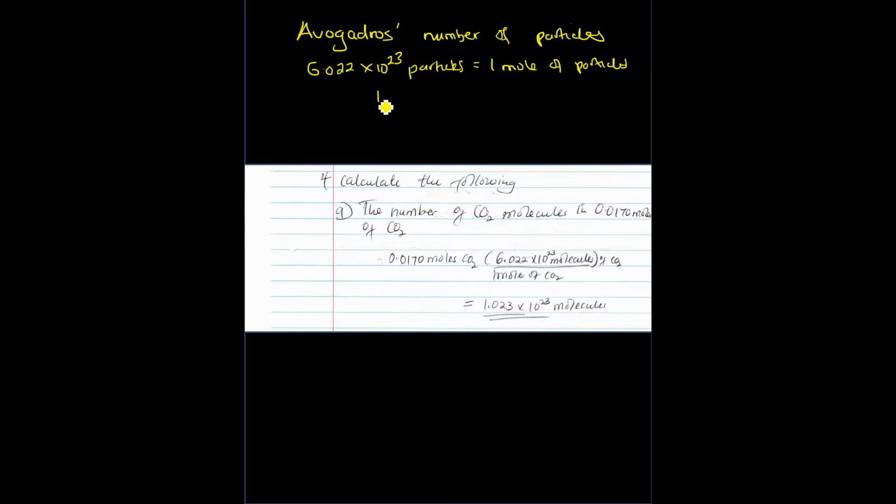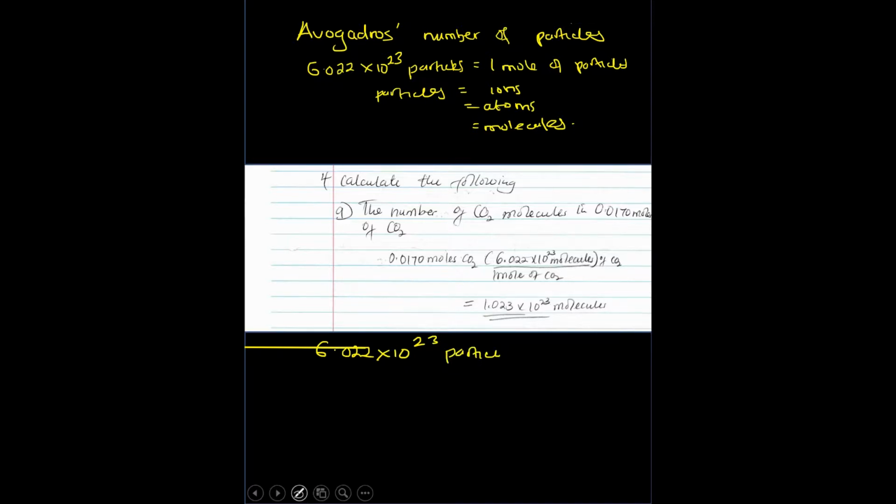The question is, what are particles? Particles could be ions, atoms, or molecules. In this question, you are asked about the molecule. So we know that 6.022 times 10 to the power 23 number of particles; in fact, let me use the number of molecules because that's what the question involves.